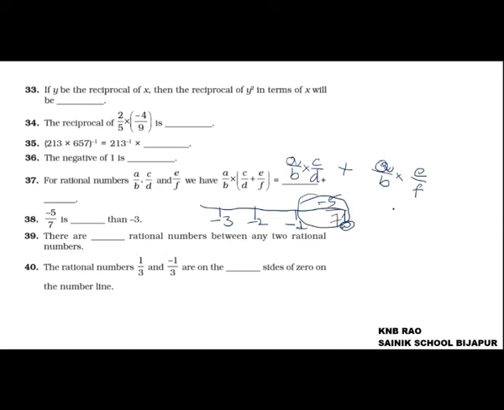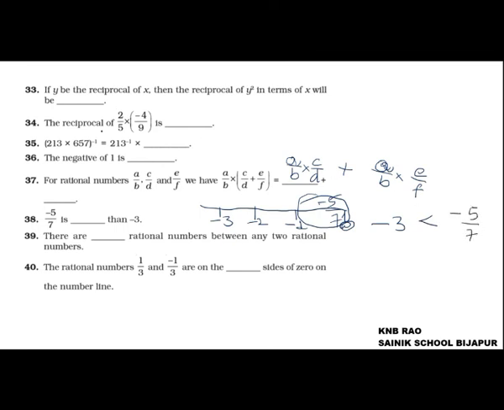So here the concept of your class 6th or 7th, you might have learned: any number lying left side of the other on a number line is always less. Once again I am repeating, any number lying left side of the other on a number line is less. That means obviously minus 3 is less than minus 5 by 7.